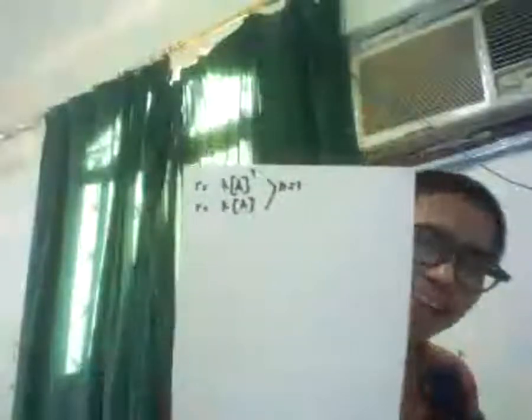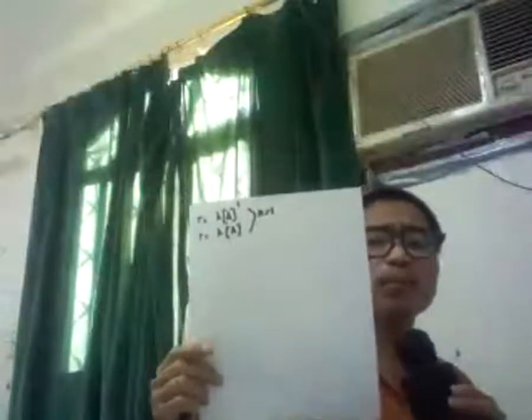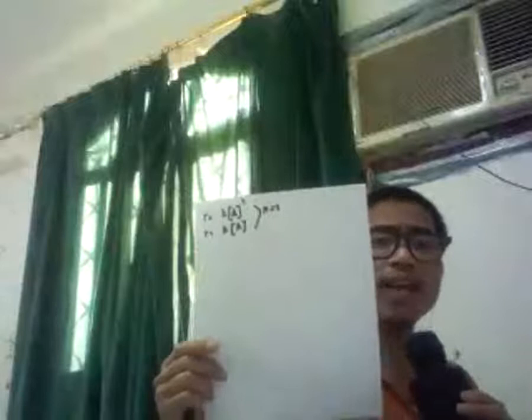Okay, going back to this, rate law is equal to rate constant times the initial concentration. So it is dependent on the initial concentration. In this equation, class, R is equal to K times A, you can determine the proportionality relationship.